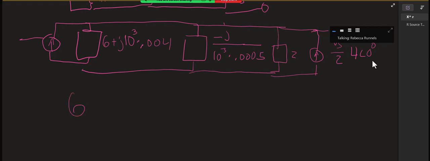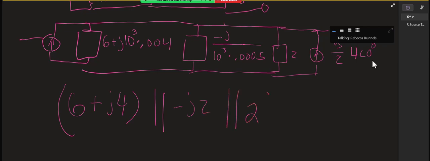So we have 6 plus, and then 1,000 times 4 thousandths is 4, so 6 plus J4, in parallel with this is 1 over 10,000 times 5 10,000ths is 2. So this is minus J2 in parallel with 2.